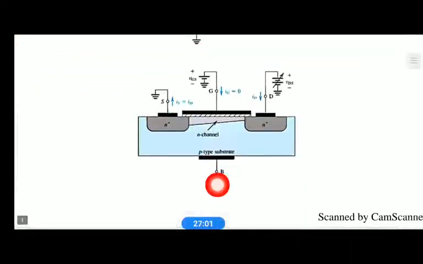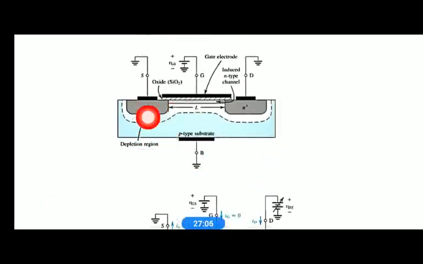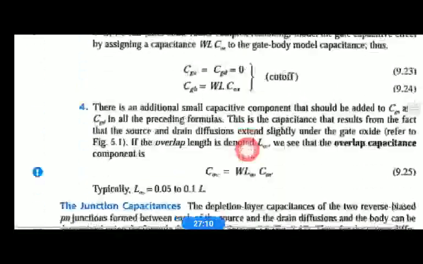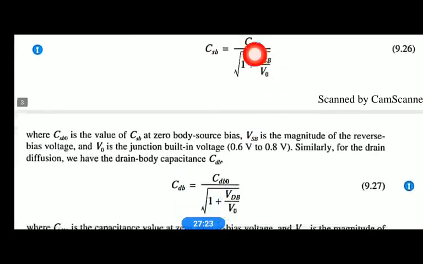We apply the voltage between source and body to keep reverse bias between source and body, and between drain and body. CSBO is the source to body capacitance when VSB is 0. When you apply VSB as 0, CSB is equal to CSBO.